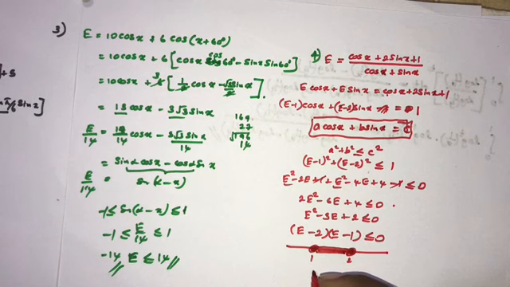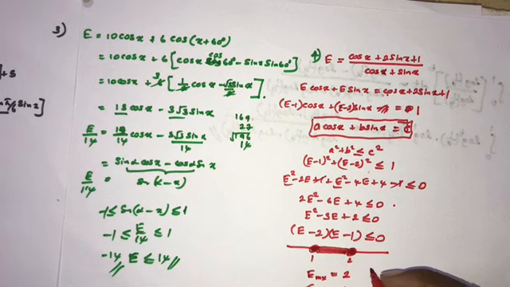So we can write the maximum value of E is equal to 2, and the minimum value of E is equal to 1. If not, you can write E from 1 to 2, including 1 and 2. This is the answer.